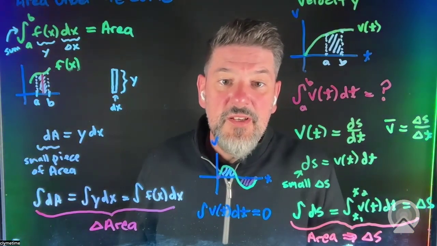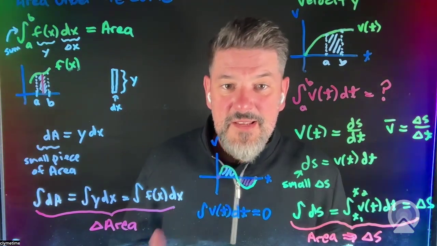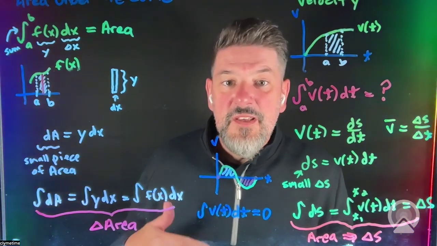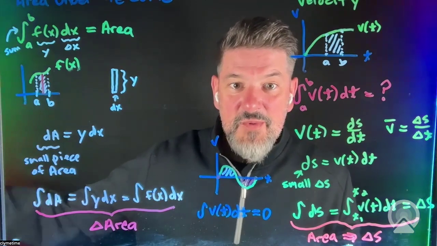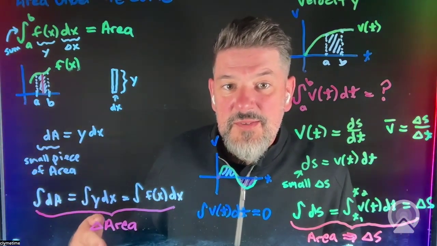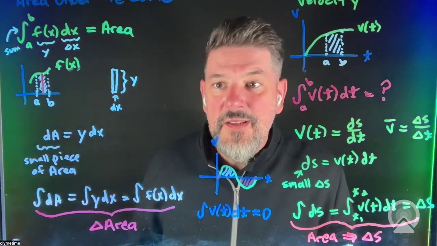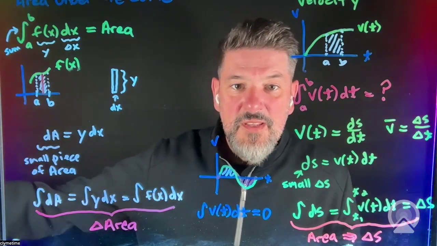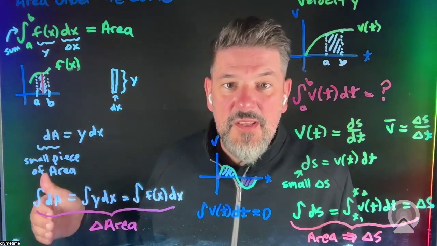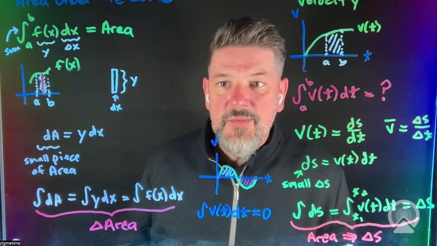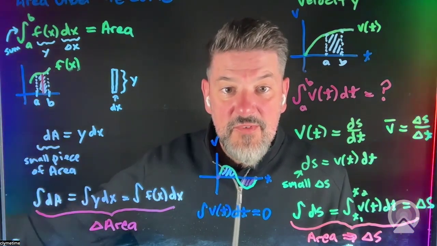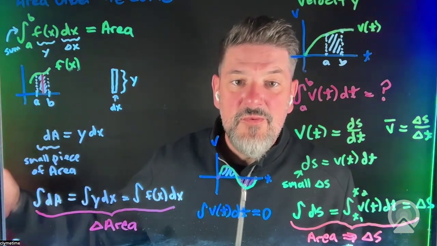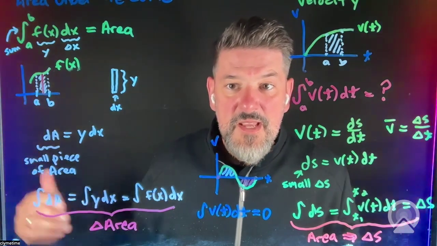A good example of having a 0 displacement would be going to the store and then coming back to your house again. That's 0 displacement because you ended up where you started. Or if you go down the road and then do a U-turn and come back on the road again, that would be 0 displacement because you went in the positive direction and then turned around and went in what's considered the negative direction.